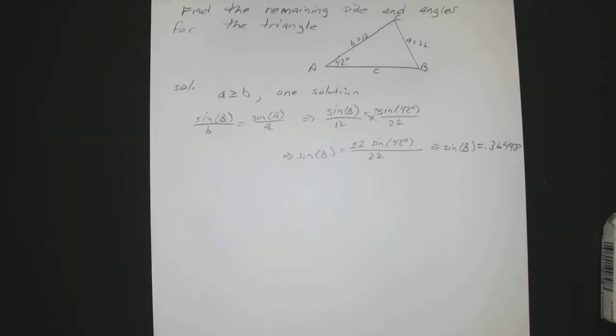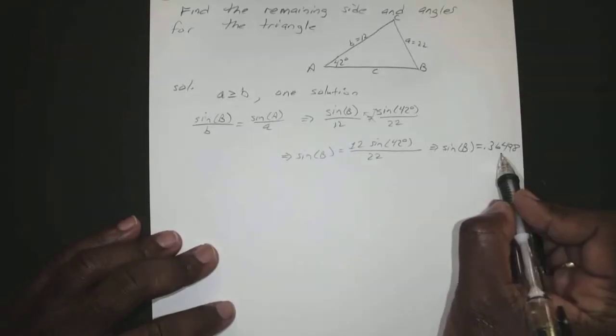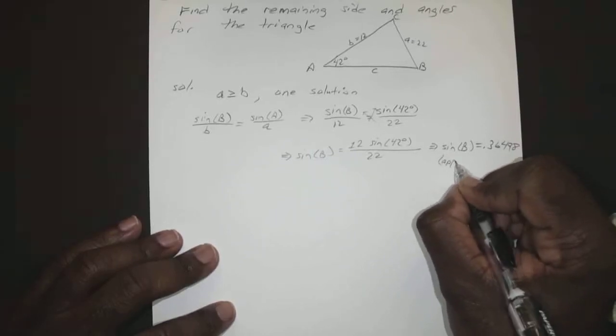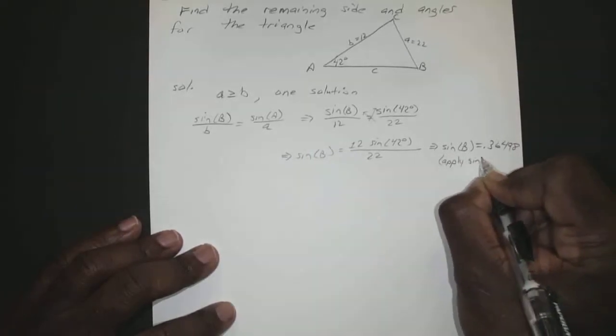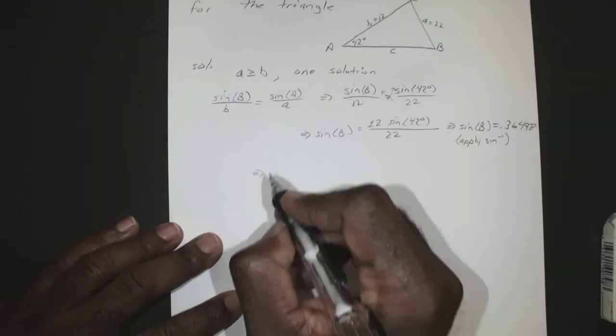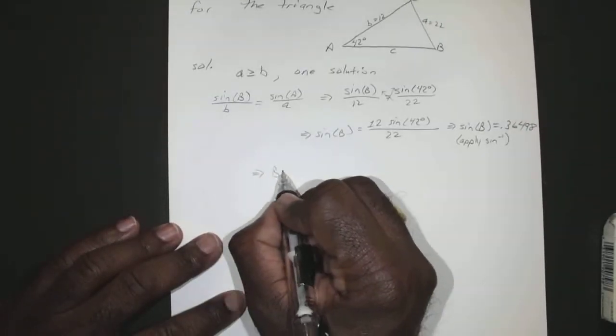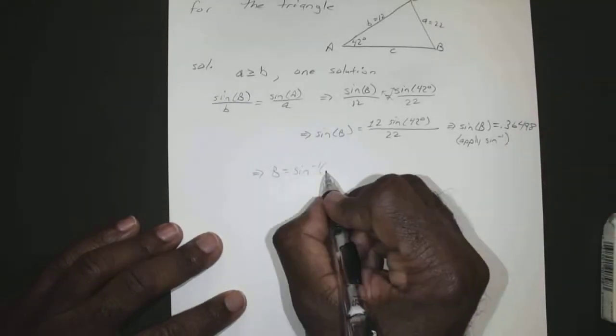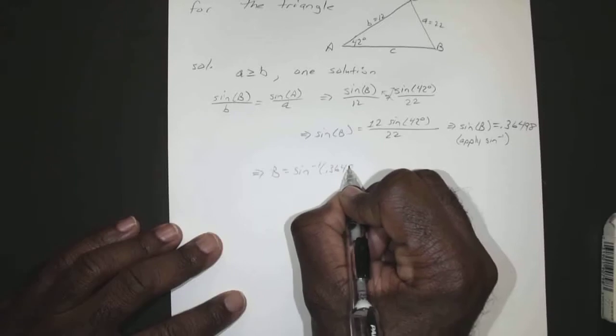Now that still doesn't tell us our angle. It just tells us what sine of B is. So this is where we have to apply sine inverse to both sides. So we end up with B is equal to sine inverse of 0.36498.